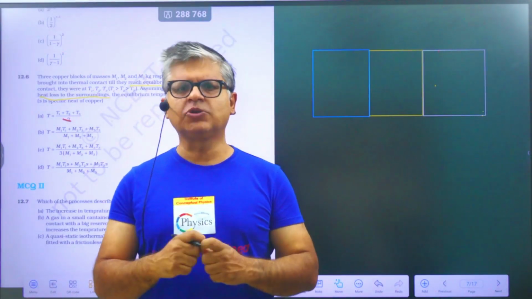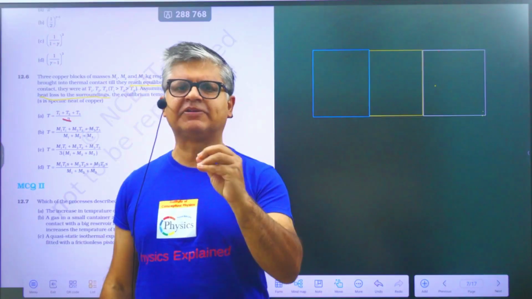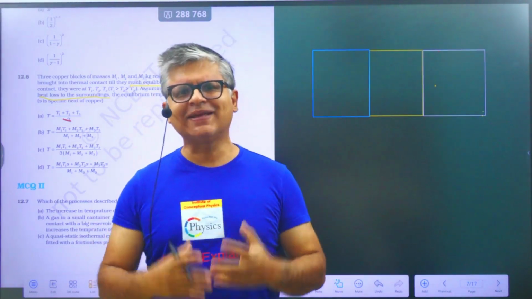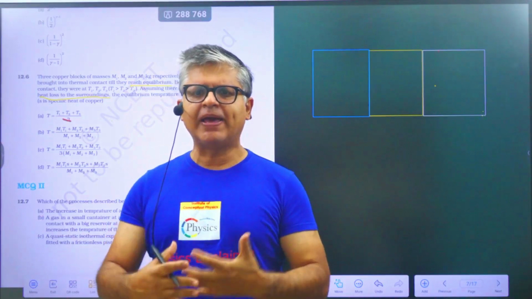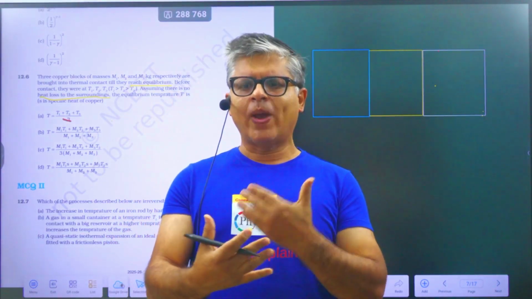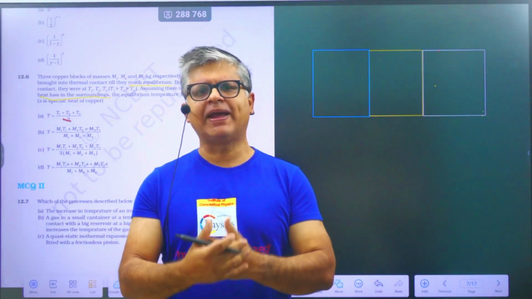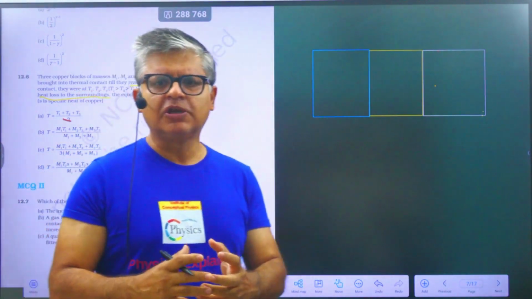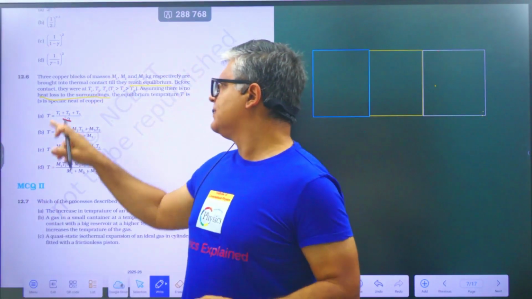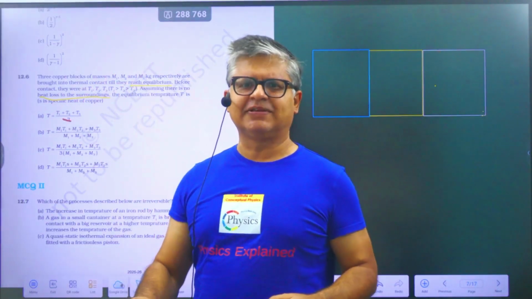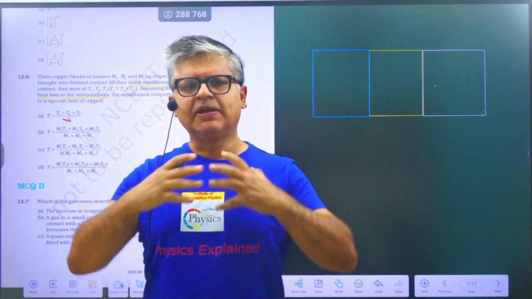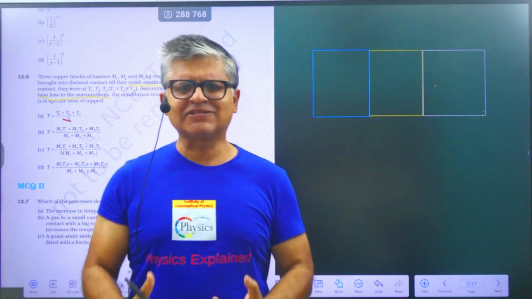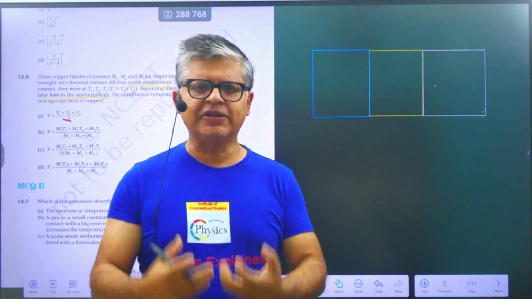Now if you look into the basics of calorimetry, for a solid copper block, what is the heat exchanged by a metallic block when it changes its temperature by delta T? We are now solving the question, but we will keep in our mind this particular phrase, that the system does not lose any heat to the surrounding. Let's start from the basics of calorimetry.